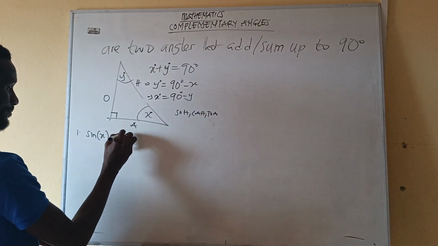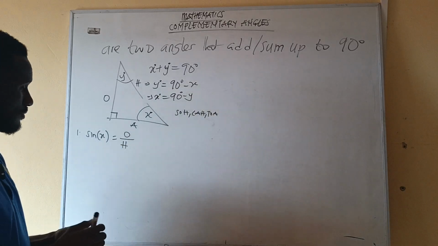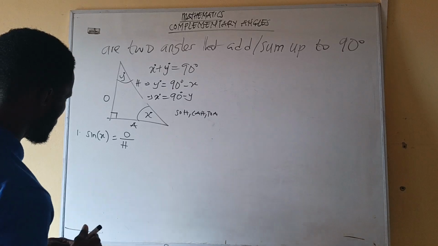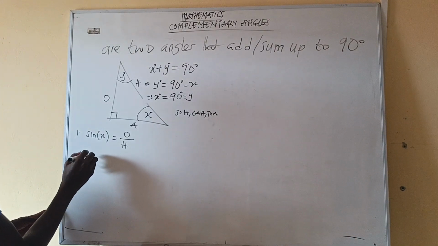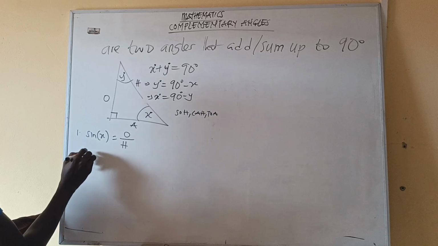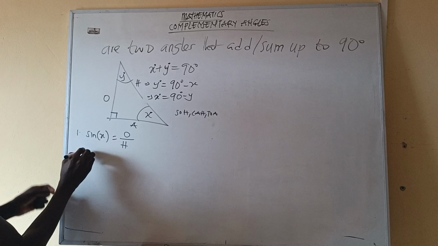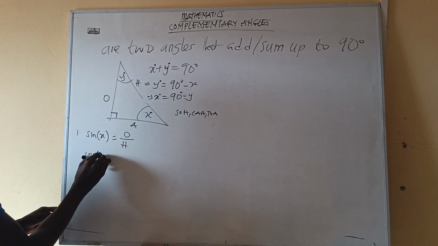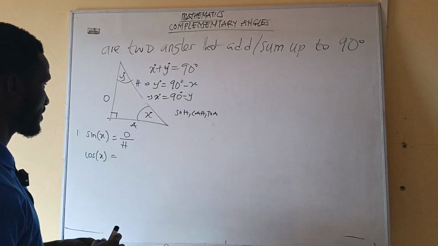So it is opposite over hypotenuse. Right? Now, let me find cosine of x.